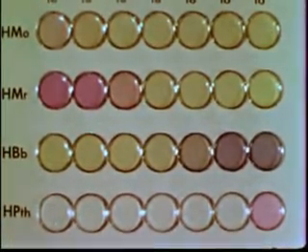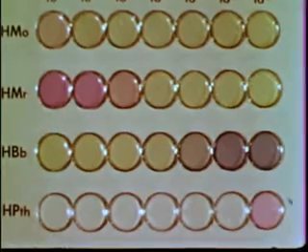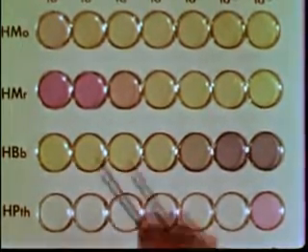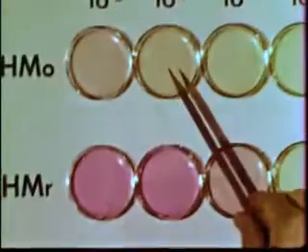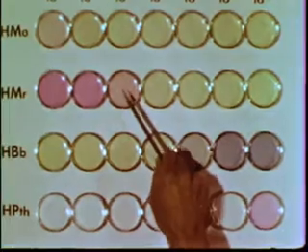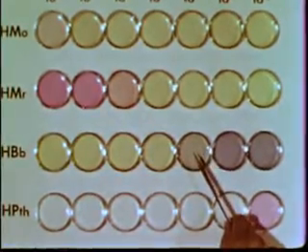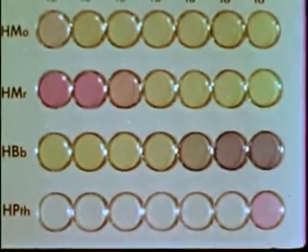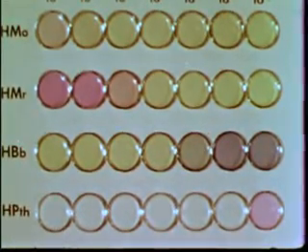Each indicator donates protons and changes color at a different acidity. Methyl orange donates protons appreciably at 10 to the minus 4. Methyl red at 10 to the minus 5, bromothiamyl blue at 10 to the minus 7, and phenolphthalein at 10 to the minus 9. Each is a weaker acid than the ones above it.